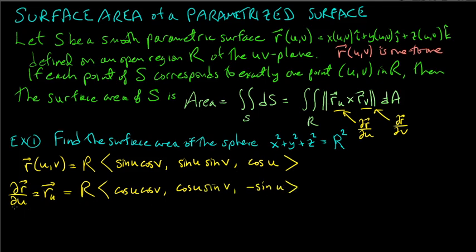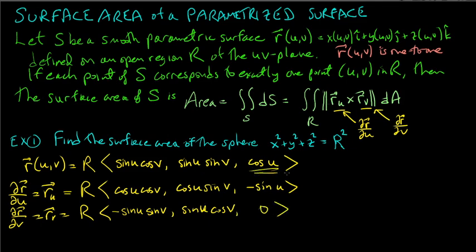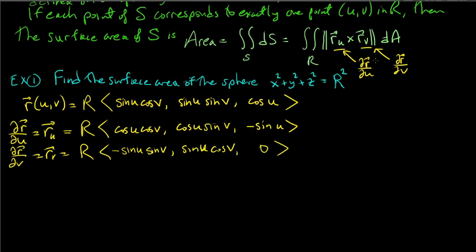And then the v partial of r, or rv, again capital R times negative sine u sine v, and then sine u cosine v. Sorry, that's a u. And then 0, because this does not depend on v here.